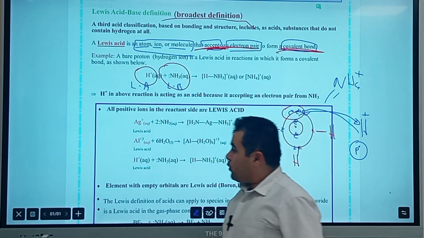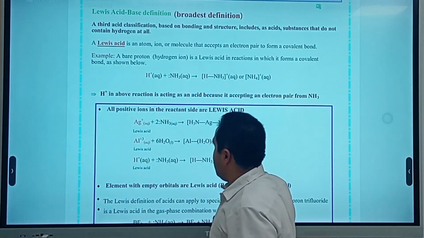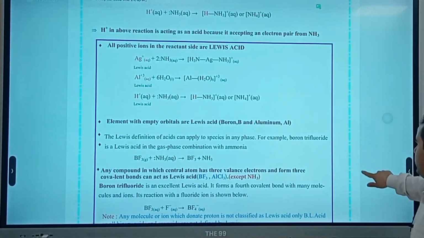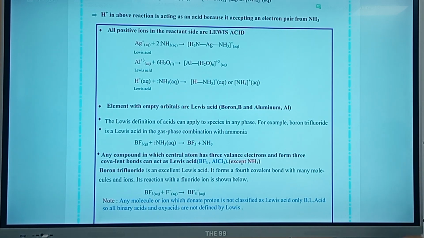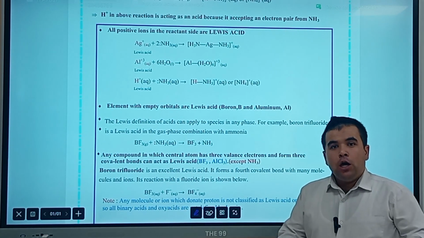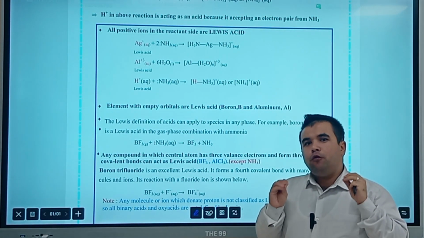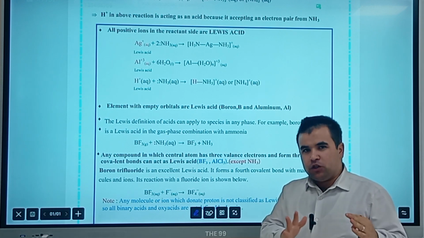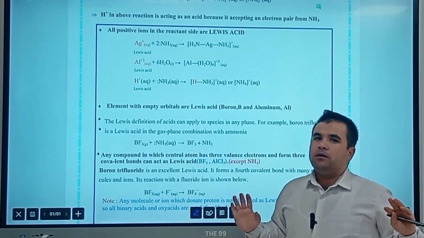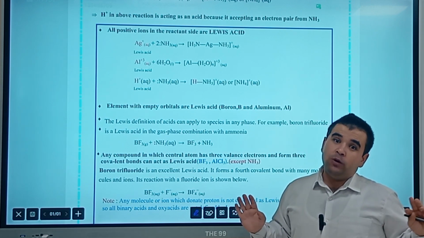Here are some tips to recognize the Lewis acids, guys. We'll talk about them in detail. Usually, most of the cations in the reactant are classified as Lewis acids.